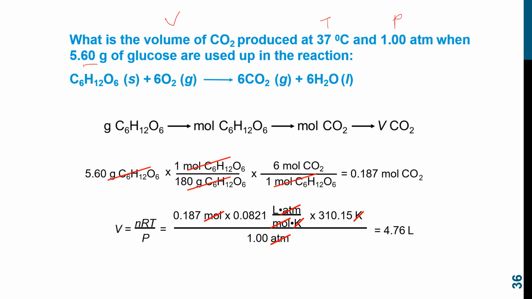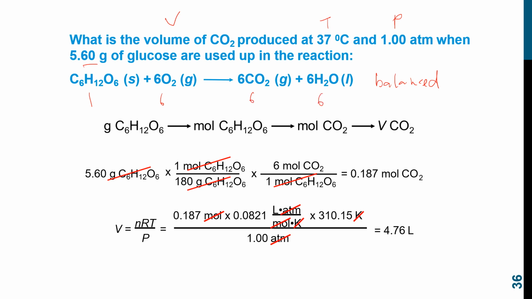Based on the chemical equation given, make sure the chemical equation is balanced. Kalau tak balance, you have to balance first. This equation shows that 1 mole of glucose reacts with 6 mole of oxygen, produces 6 mole of carbon dioxide and 6 mole of water.